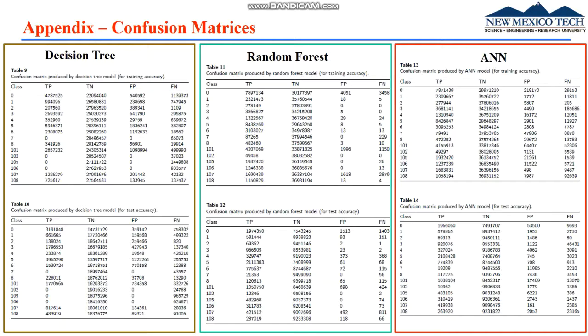Also, for the confusion matrix, you can find it in the appendix of my report or even in the presentation I showed here. This confusion matrix is used to calculate the precision, the recall, and F1 score as I showed in the previous slides.